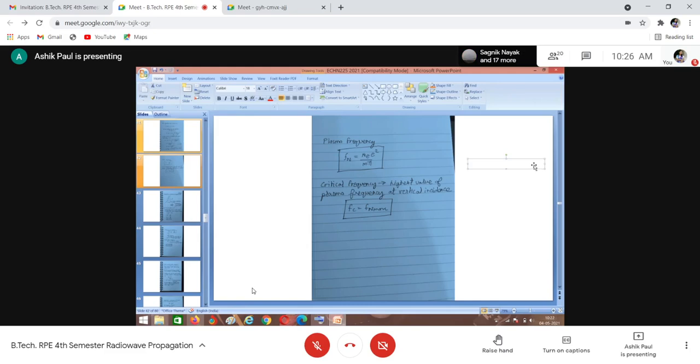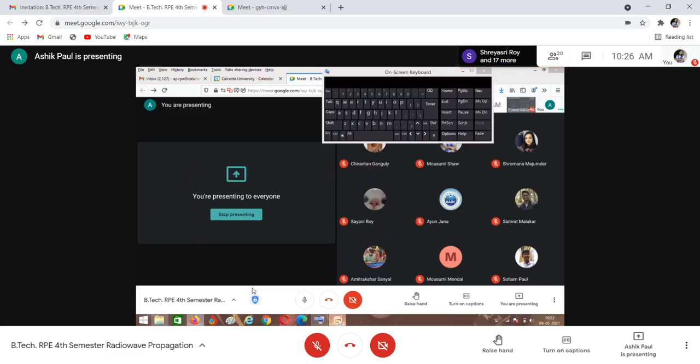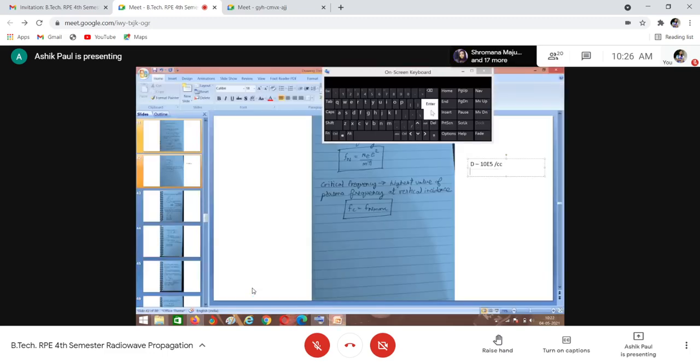For the D layer it is 10 to the power 5 per cc, sorry, I think it is 10 to the power 4, not 5. For the E layer it is 10 to the power 5 per cc.